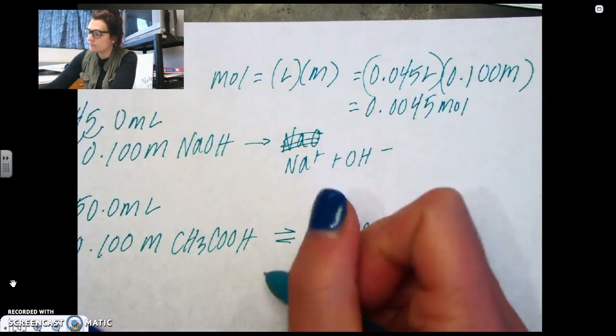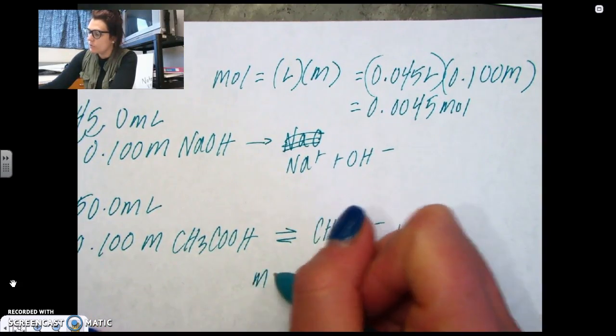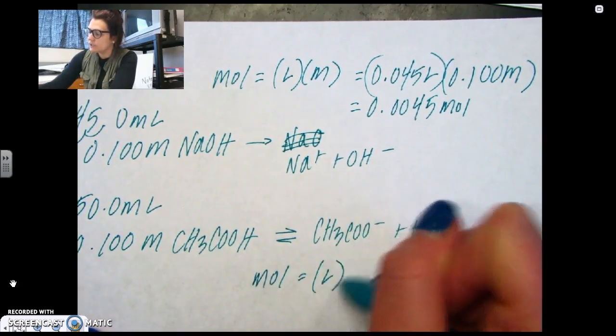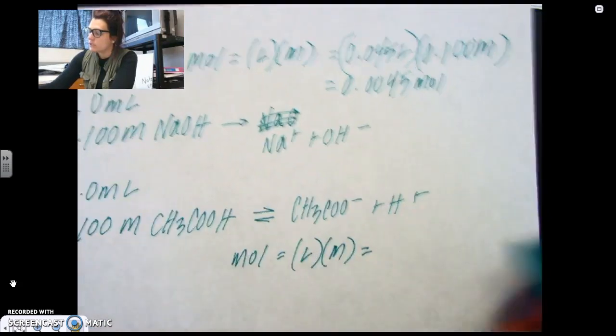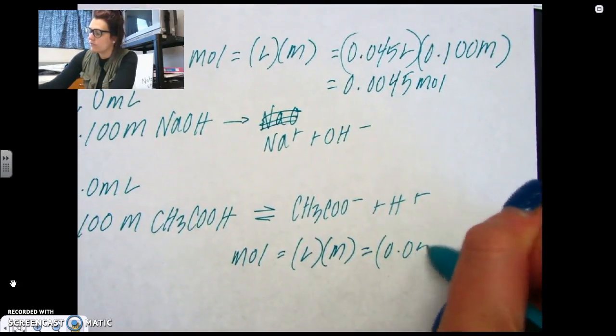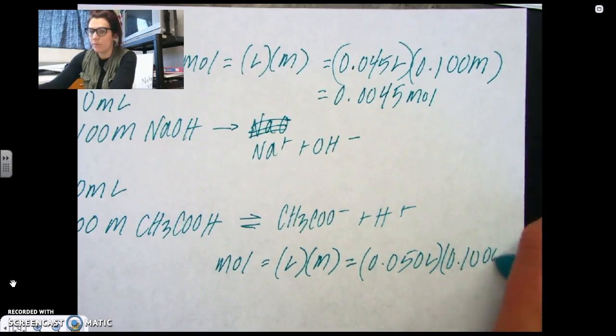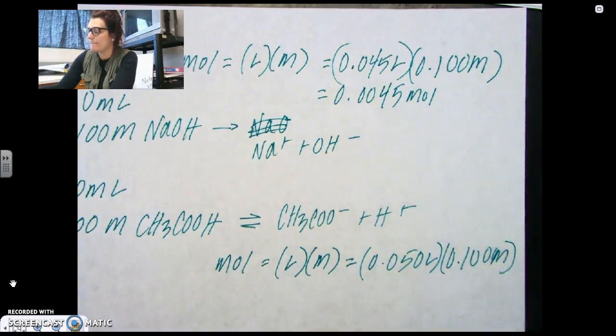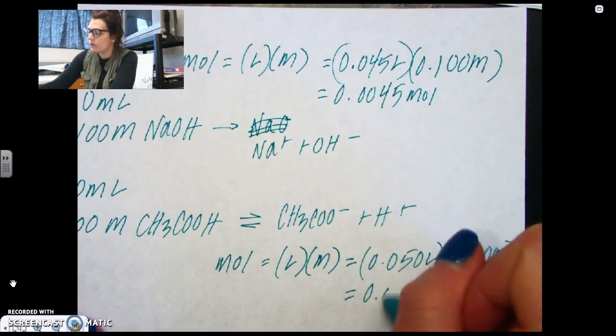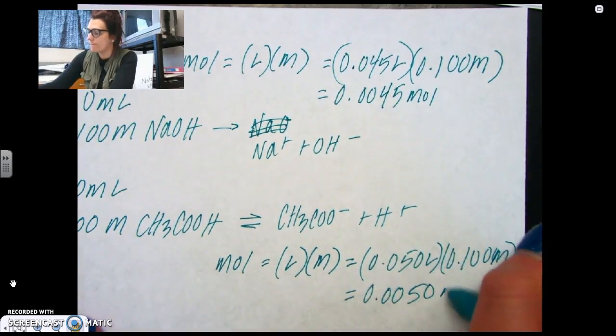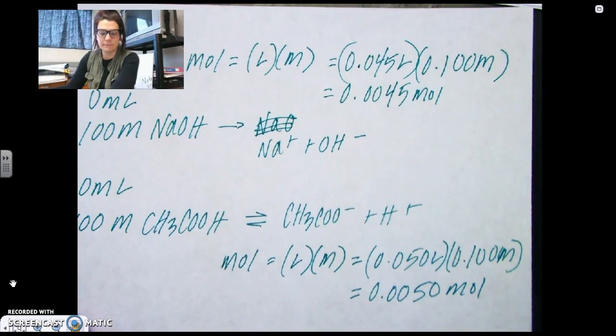Down here, moles is equal to 0.050 liters times 0.100 molarity, which is 0.0050 moles of acetic acid.